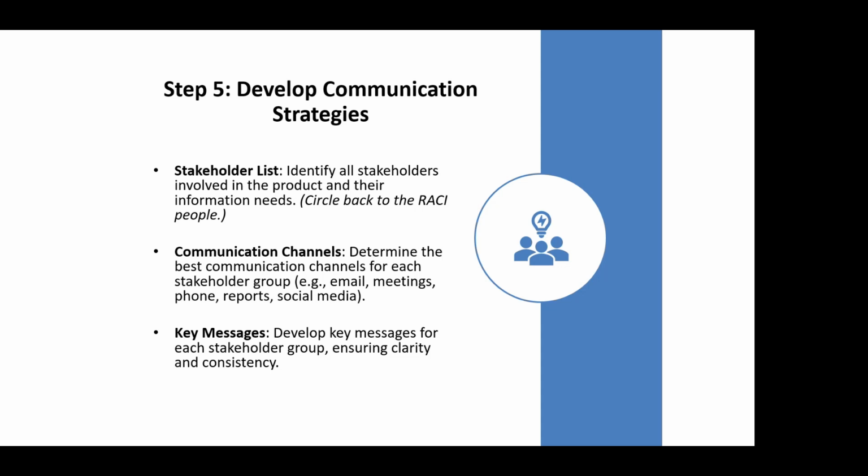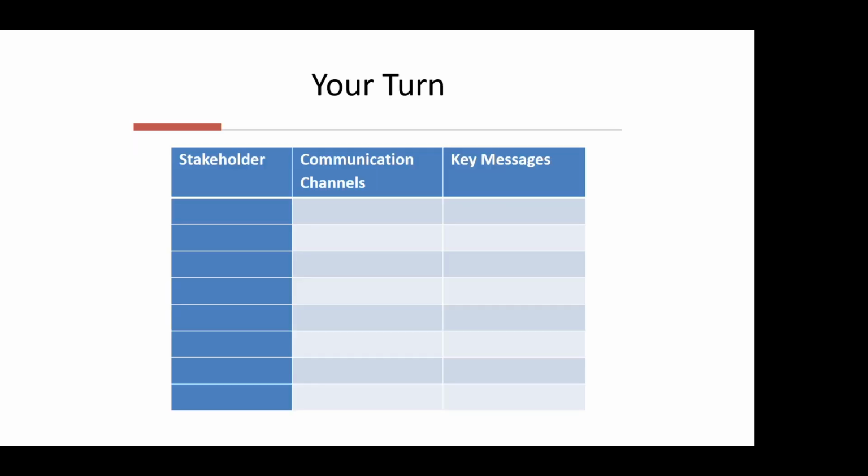So once again, here you will see your last matrix of the course. This is just what I like to have on hand. It's a stakeholder. What channels do I communicate with these stakeholders by, and what are my key messages that I'm delivering? When I talk about key messages, it's not the exact message.